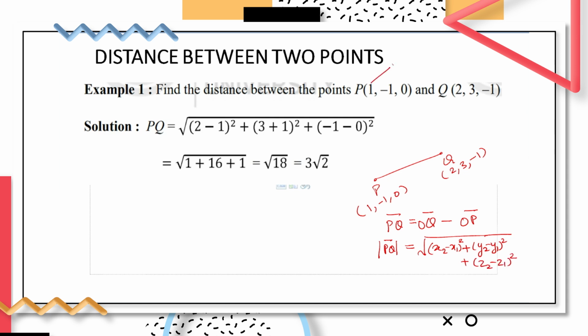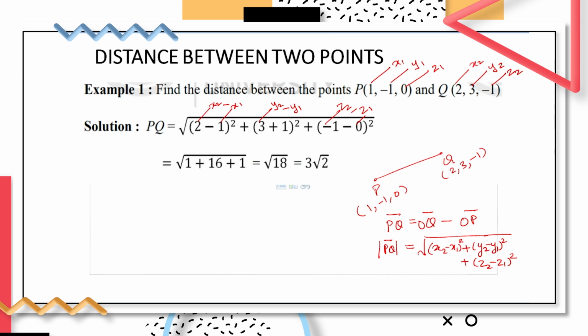Over here x1, y1 and z1 are given as 1, minus 1 and 0. x2, y2 and z2 are given over here as 2, 3 and minus 1. So x2 minus x1, y2 minus y1, z2 minus z1.